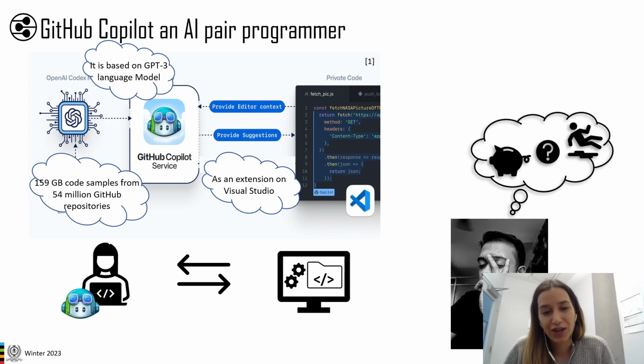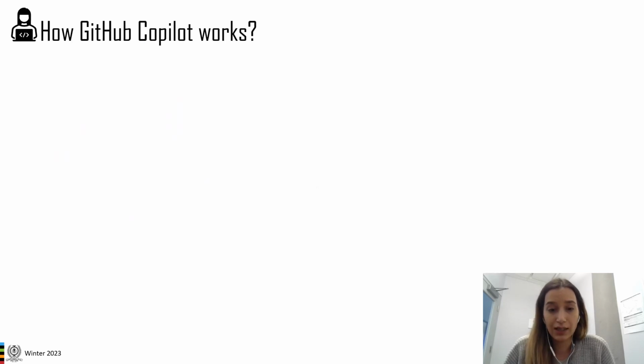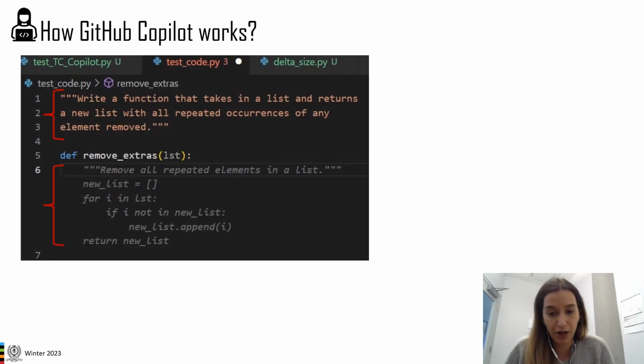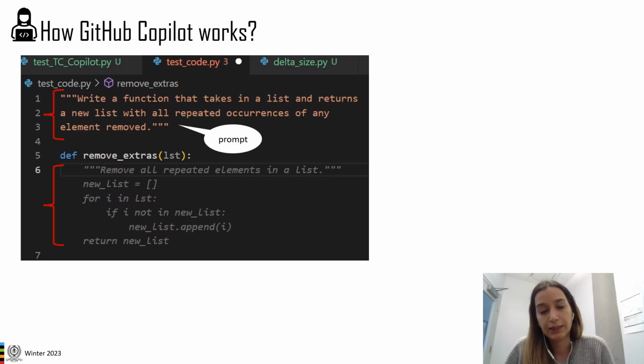So as the title of our study says, we are going to see whether using Copilot as an AI pair programmer is going to be an asset for software projects or a liability. I'm going to briefly tell you how Copilot works, though you may already know. You give a description of a problem, called a prompt, and based on that, Copilot can generate some code for you within the IDE.